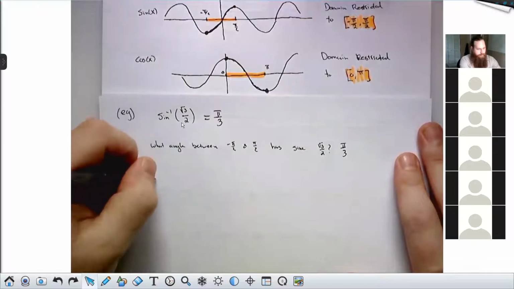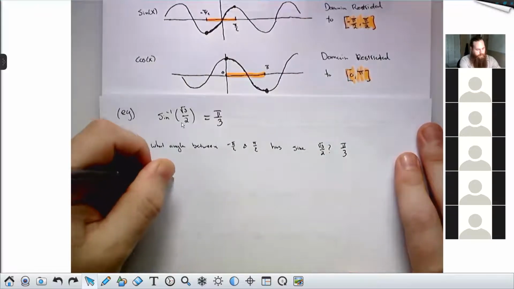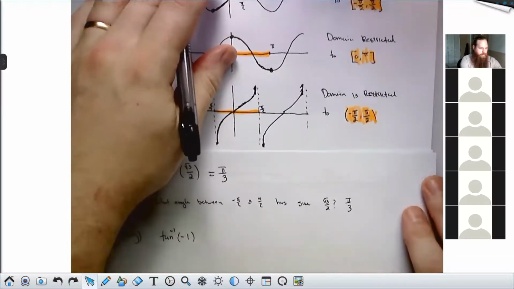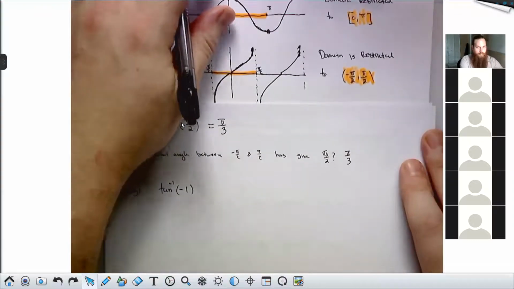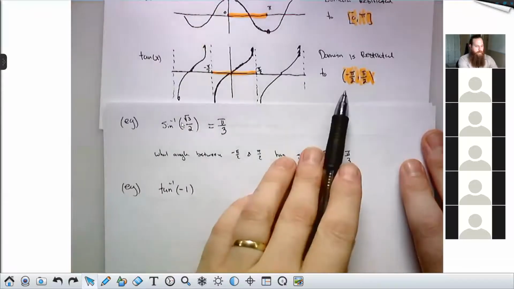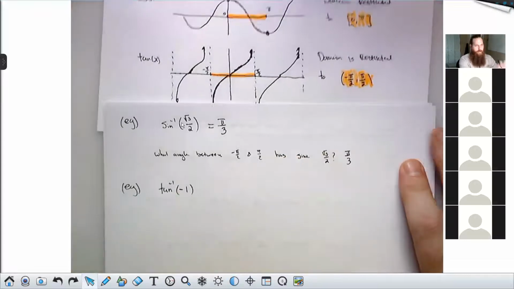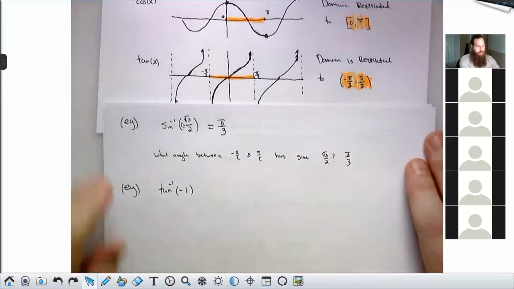How about this? How about the inverse tangent of negative 1? So for what angle between negative pi over 2 and pi over 2 is the tangent of that angle equal to negative 1?